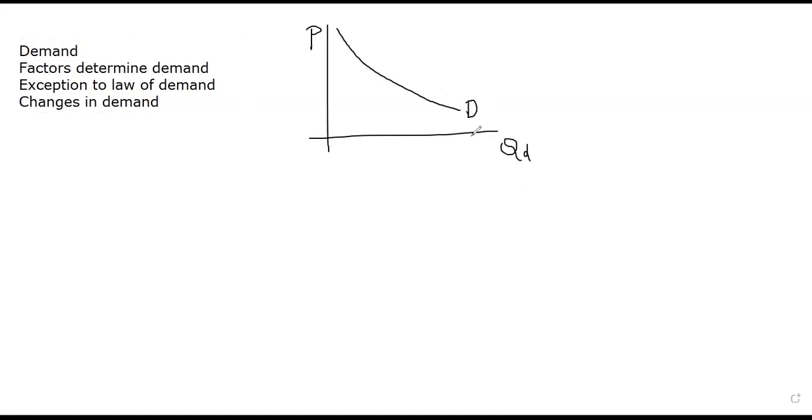The demand curve is a downward sloping curve, negatively sloping because it exhibits the negative or inverse relationship between demand and the price. Then we saw the important factors that influence demand, which is the price of the commodity as the first case.